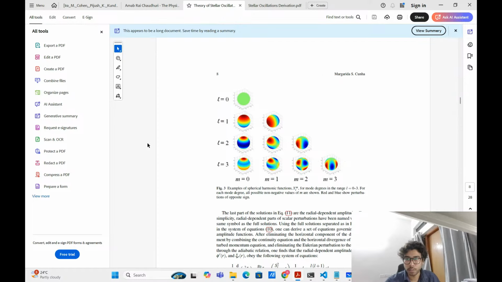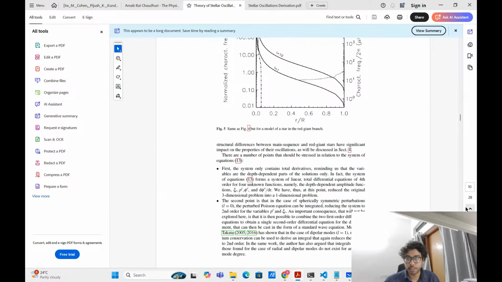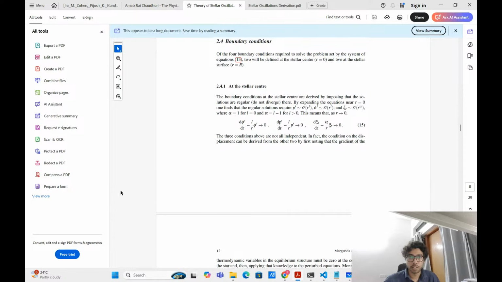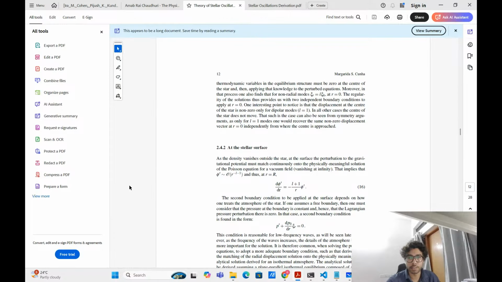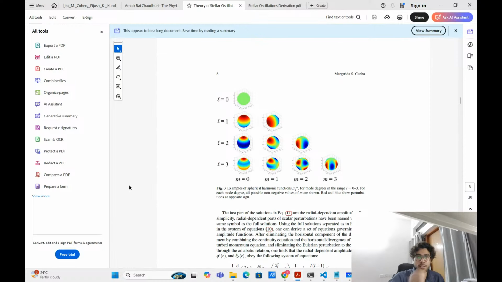So yeah, the first 8 to 10 pages, and after that it has the remaining 18 or so pages, which go on doing further analysis of these modes. These are, as I said, very current ongoing research topics, and maybe you can have a look at how people do research on these things.